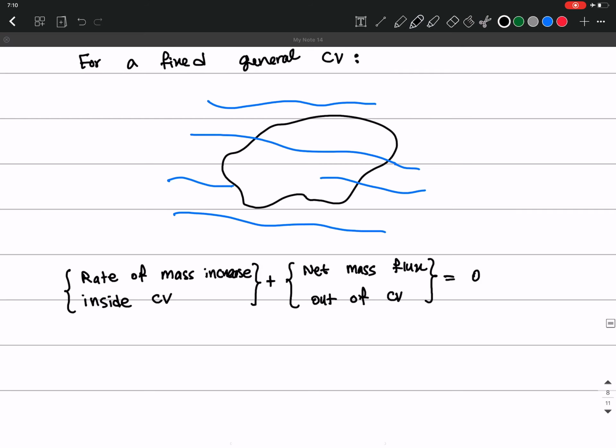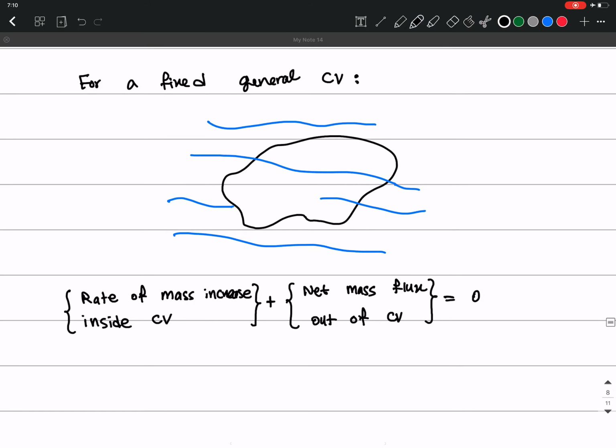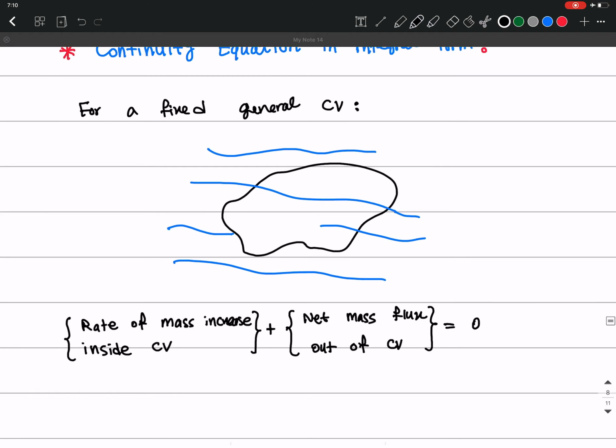So first we want to write it in terms of change of the mass only for one small element. So say we have an element here inside the control volume. It has a volume of dV.